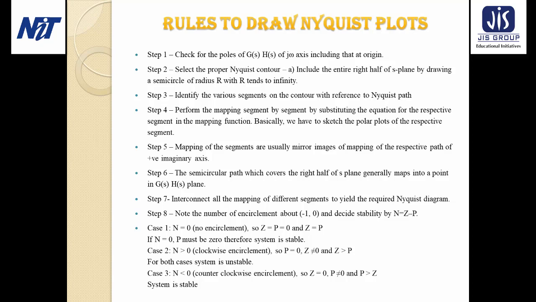So when n is equal to 0, then z is equal to p, and p must be 0 if n equals 0 for the system to be stable.